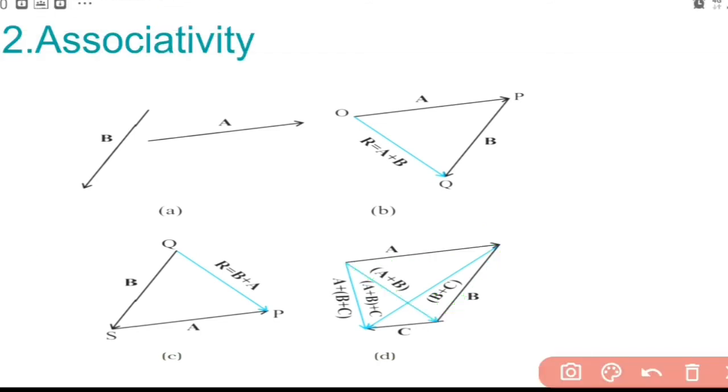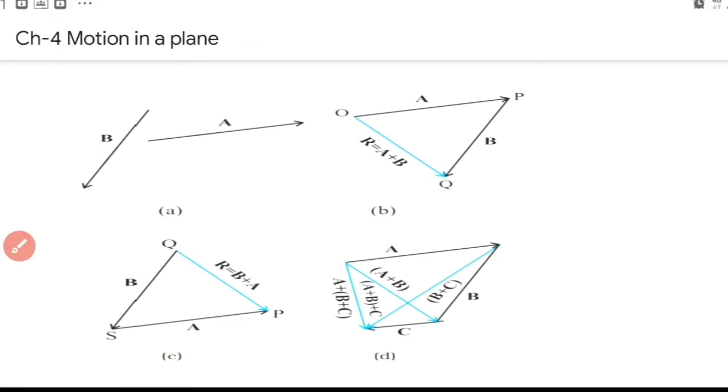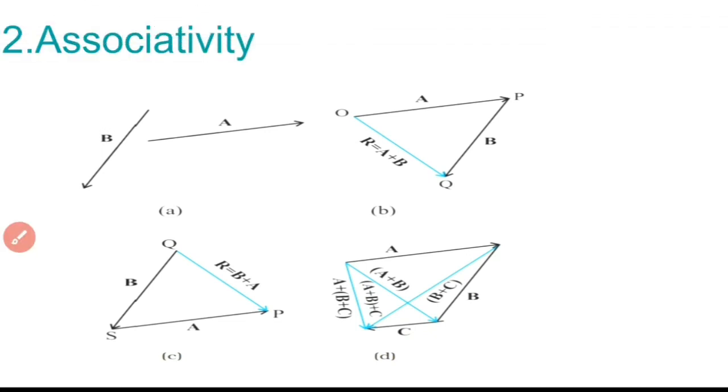B plus C. So this is B plus C. Now B plus C comes on the head of vector A. Here you have vector A. So vector A plus vector (B plus C) is equal to the same thing. Okay. So we are proving which one? That associative property of vector addition, that is (A plus B) plus C is equal to A plus (B plus C).